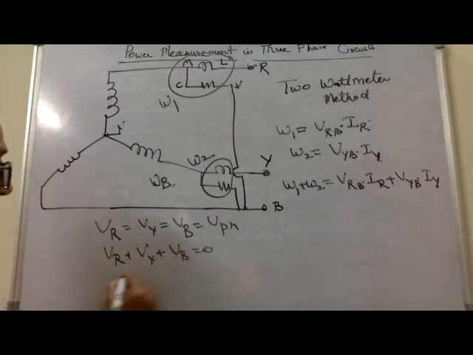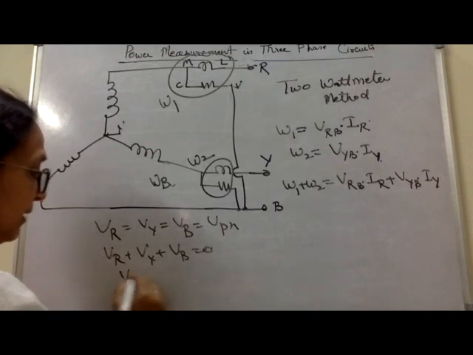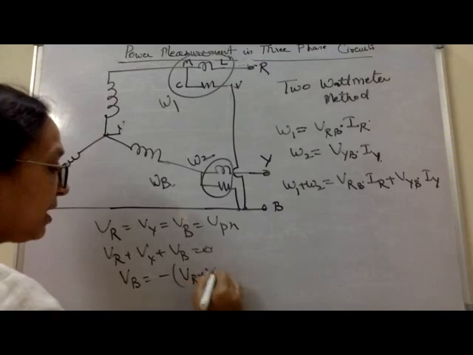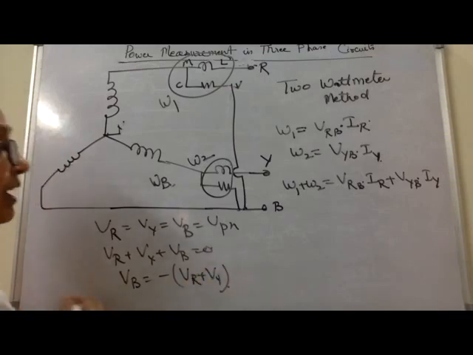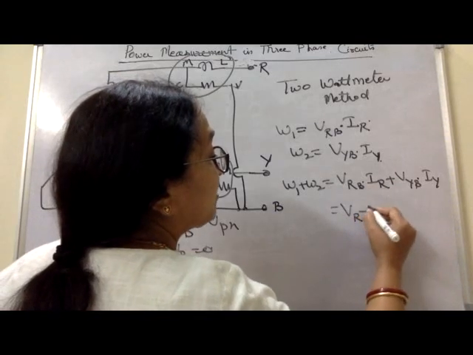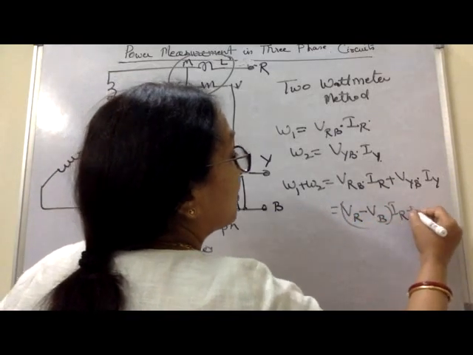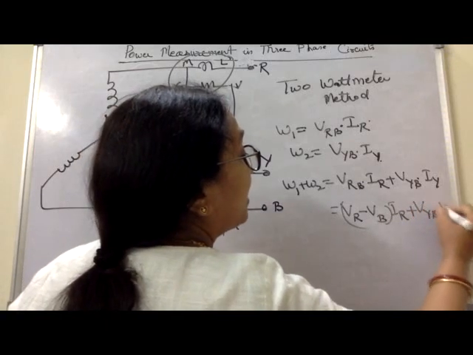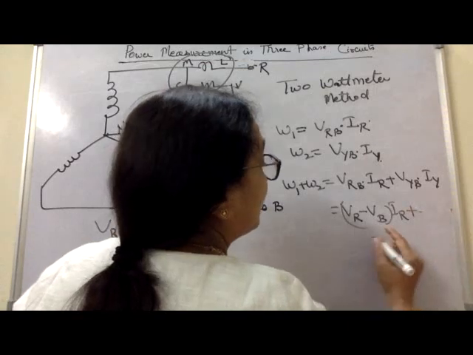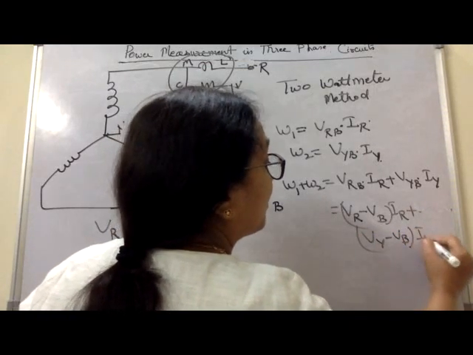So we can write VB is equal to minus of VR plus VY. Now this can be written as VRB, meaning VR minus VB, into IR, plus VYB into IY, which can be written as VY minus VB into IY.